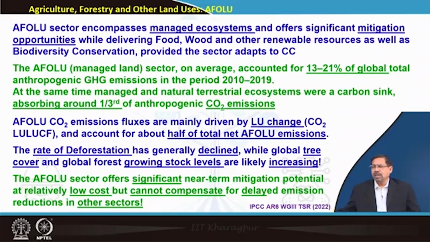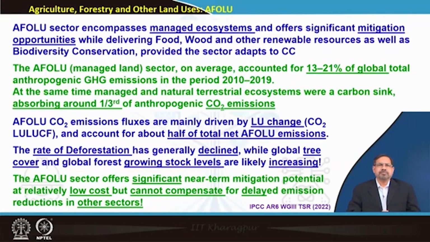So, if we manage this well, then management or conservation as far as this is concerned, it will be within 13 to 21%. That means if we manage the AFOLU sector well, our emissions, particularly from the anthropogenic sector, will be accounted for up to 13 to 21%.